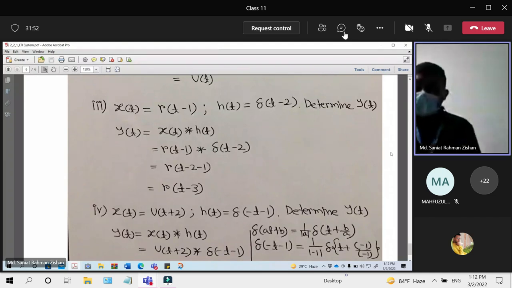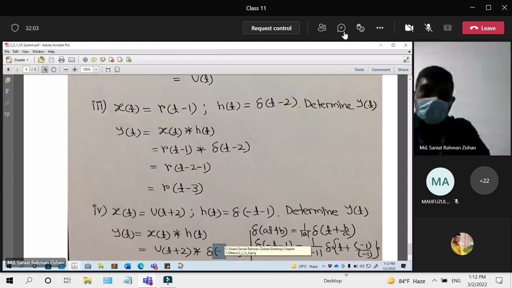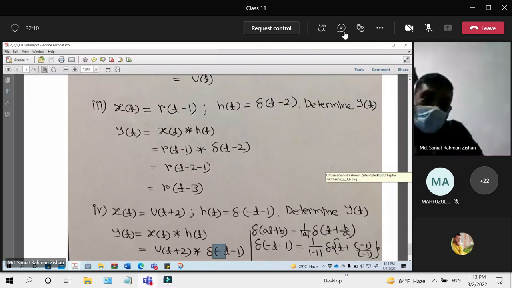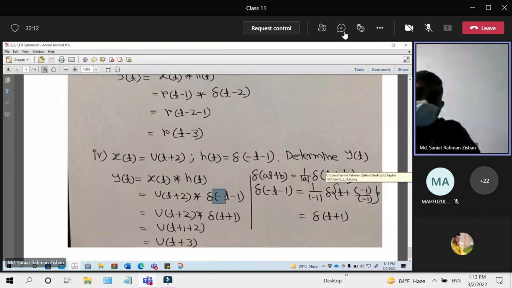We cannot apply the property directly here. Why can't you apply the property directly? Because there is a minus before t. Because of this minus, we are unable to write down the answer directly. To do this, we need to remove this minus.